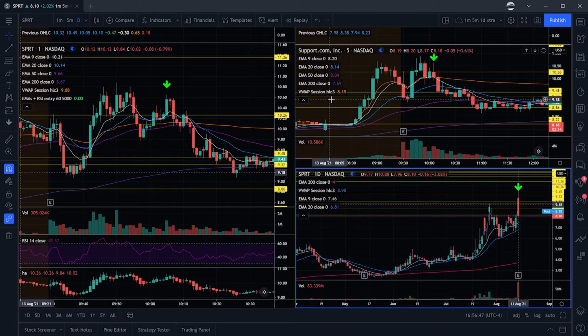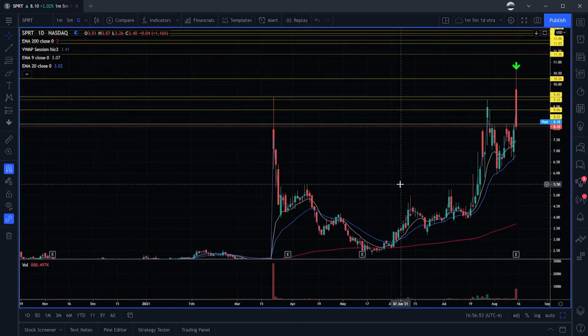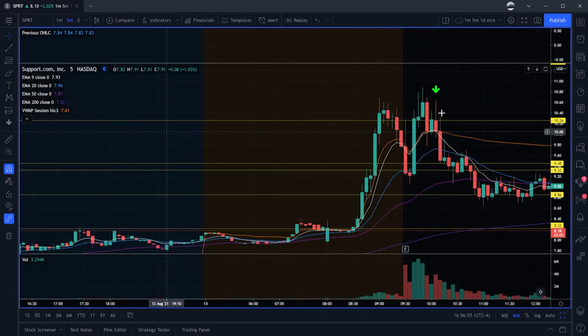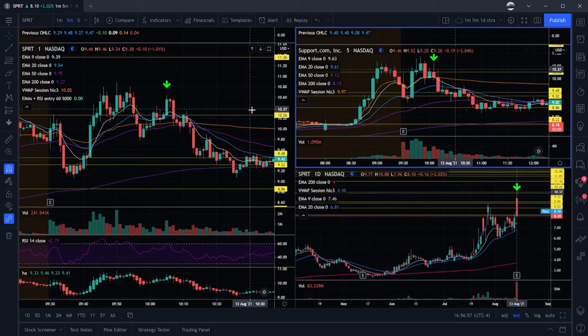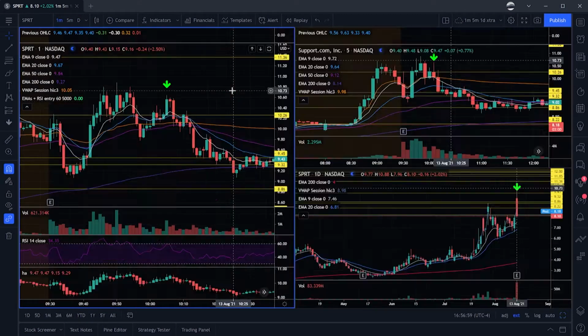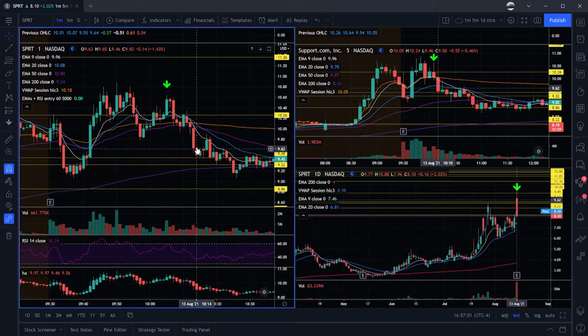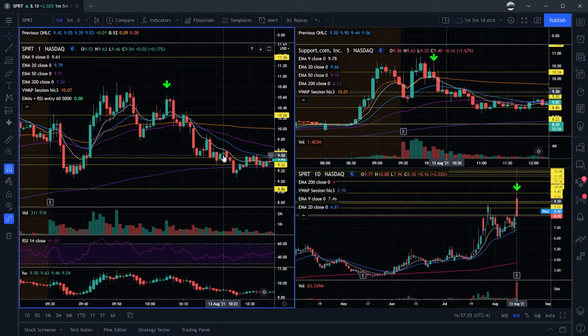So I use the daily, the 5 minute and 1 minute. You can increase the size of each one of these by pressing Alt plus click on it, as you can see. And the indicators I use are almost the same in every single one of these charts.